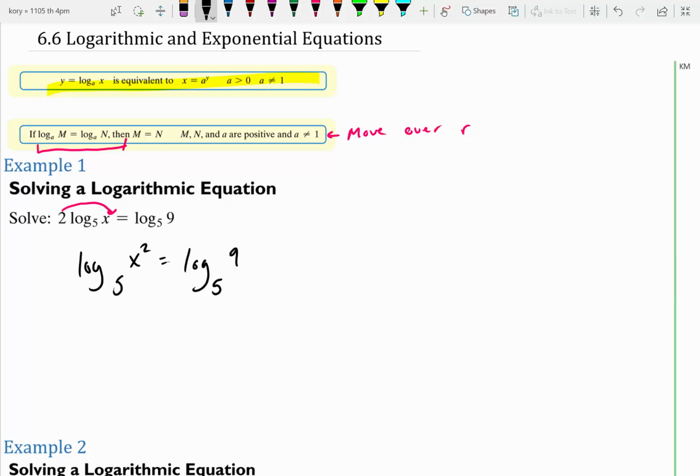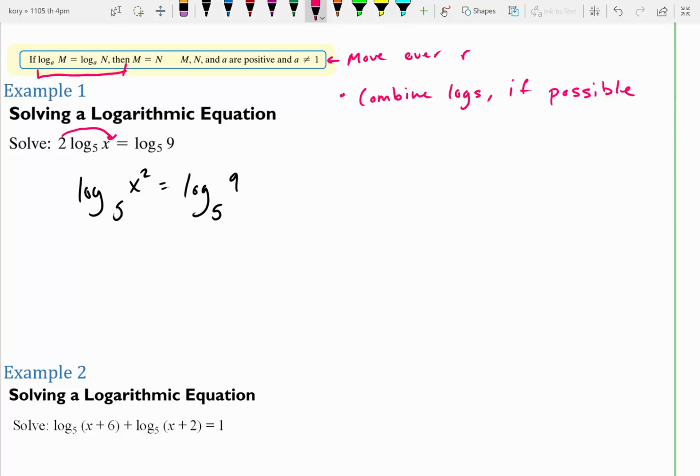After you move over the r, you just want to see if you can combine logarithms if possible. You see how in example 2, we have a log plus a log? We can combine those.